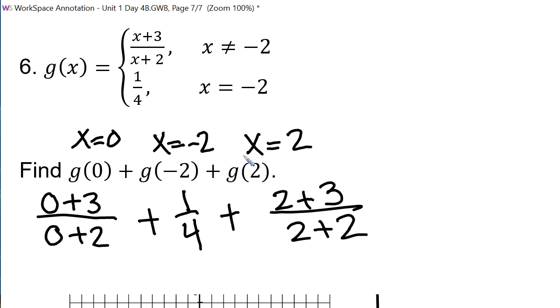So for that first fraction, what does this simplify to? 3 over 2, plus 1/4, plus what? 5 over 4. In order to add fractions, what do we have to have? Common denominator. What's the common denominator between 2 and 4? 4. So this would be 6/4 plus 1/4 plus 5/4, which equals 12/4, which equals 3.